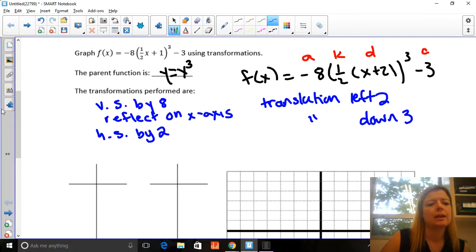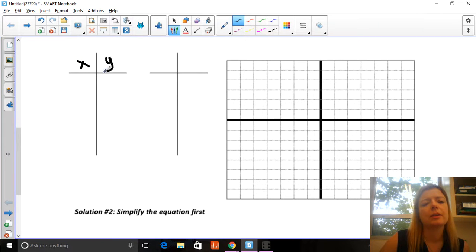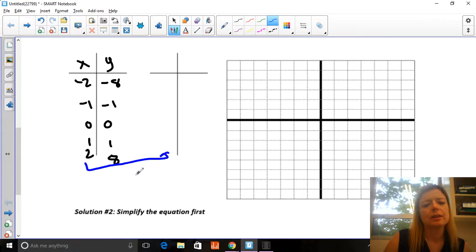Okay, so if we're to graph it, again, the best way is to start with your table of values of the parent function. So we'll go -2, -1, 0, 1, 2. So that's -8, -1, 0, 1, 8, and transform those points. So our x values are all being divided by 1/2, which is the same thing as multiplied by 2, and then we subtract 2.